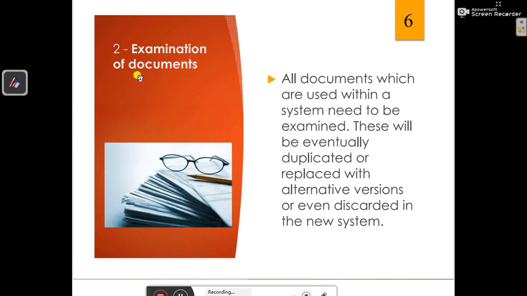So there is a risk in this method that the document might change over time, or be replaced totally by the new system. The point is that in this method you need to analyze and examine the documents associated with the system.